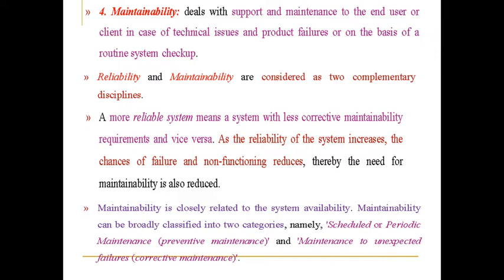Maintainability is closely related to the system availability. Maintainability is classified into two categories: scheduled or periodic maintenance, also called preventive maintenance, and the maintenance for unexpected failures, or correction.